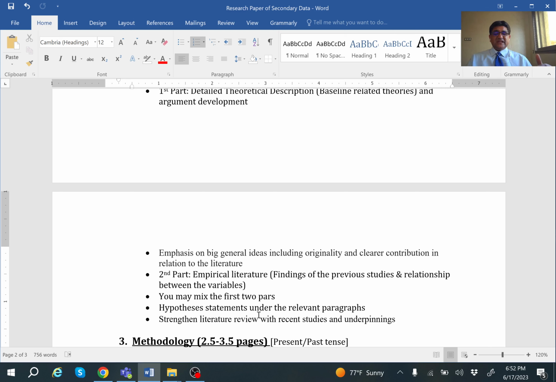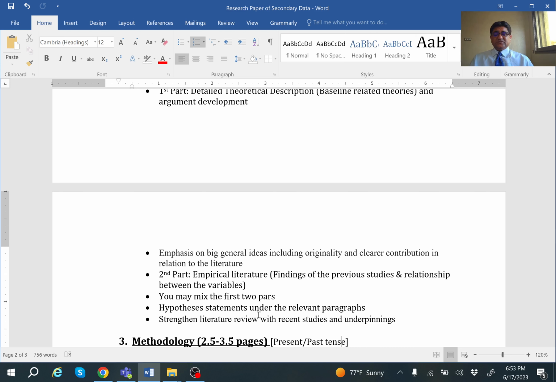After discussing them, she has to support with the baseline theories. Then she can build the hypothesis based on the major findings and the baseline theories, and after developing the arguments, she has to build the hypothesis within the relevant paragraph during the literature.